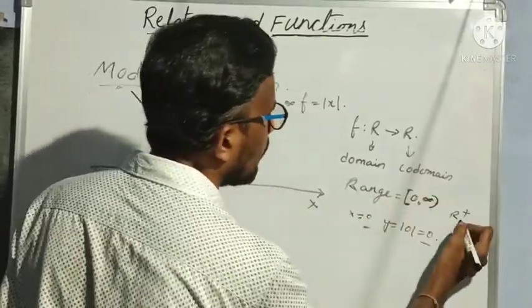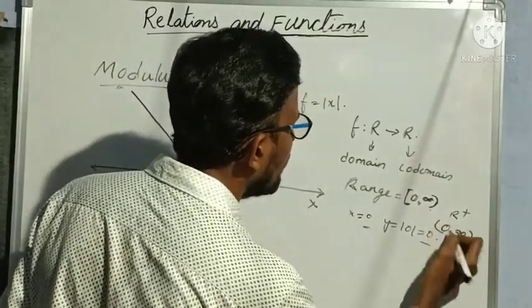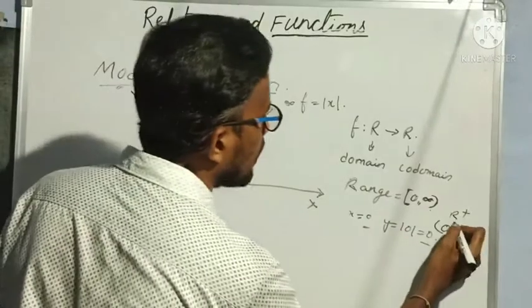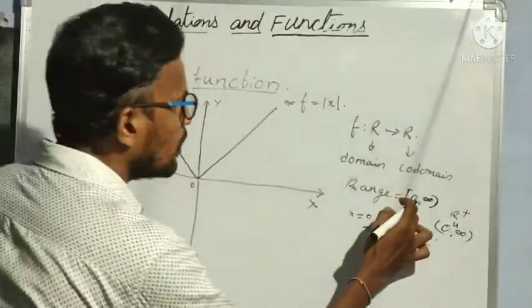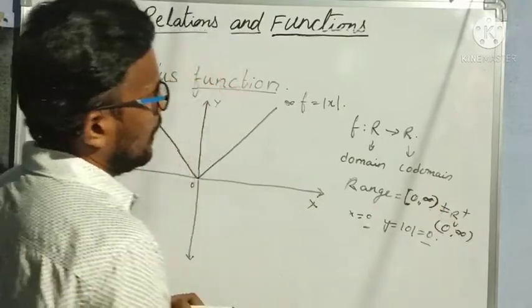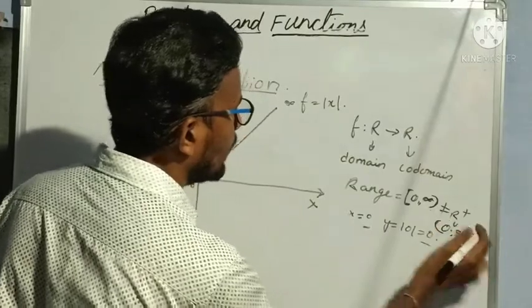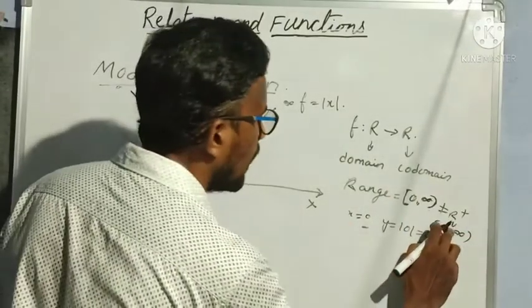We can't take R plus. R plus means excluding 0. If we write open interval 0 comma infinity, then that becomes R plus. Closed interval 0 with open infinity will never be equal to R plus.